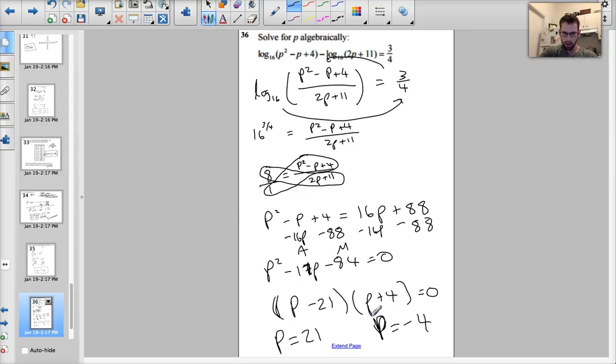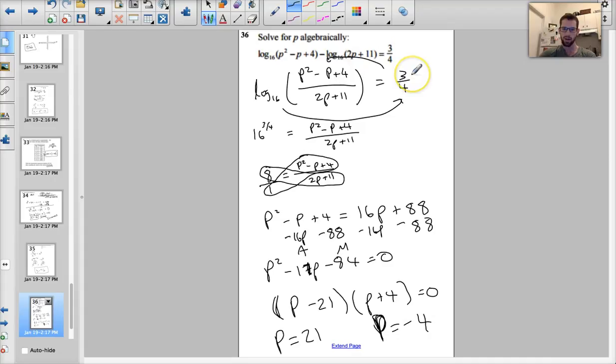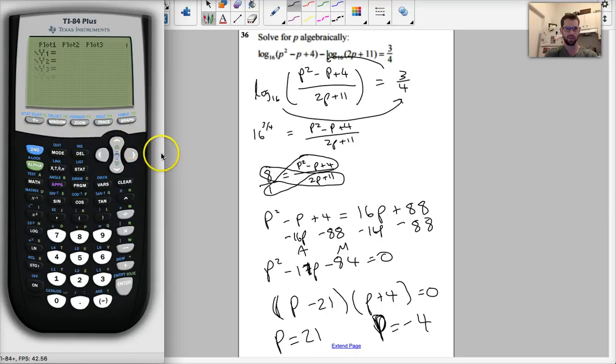All right, so I know for a fact that whenever I have these logarithmic equations, I often wind up with extraneous solutions. So I want to make sure that these solutions are not actually extraneous. And I'm going to do this by graphing. So I'm going to go in here, I'm going to do log base 16. I'm going to do x squared instead of p.